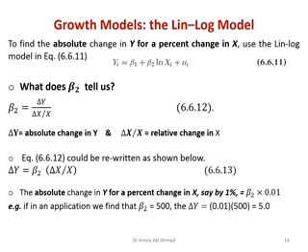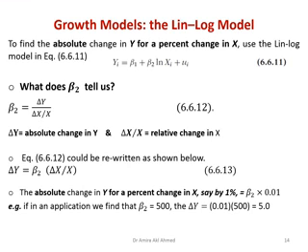Now, suppose that we want to find the absolute change in y for a percentage change in x. A model expressed in equation 6.6.11 would be very helpful in this regard. The model shown in 6.6.11 is a semi-log model.